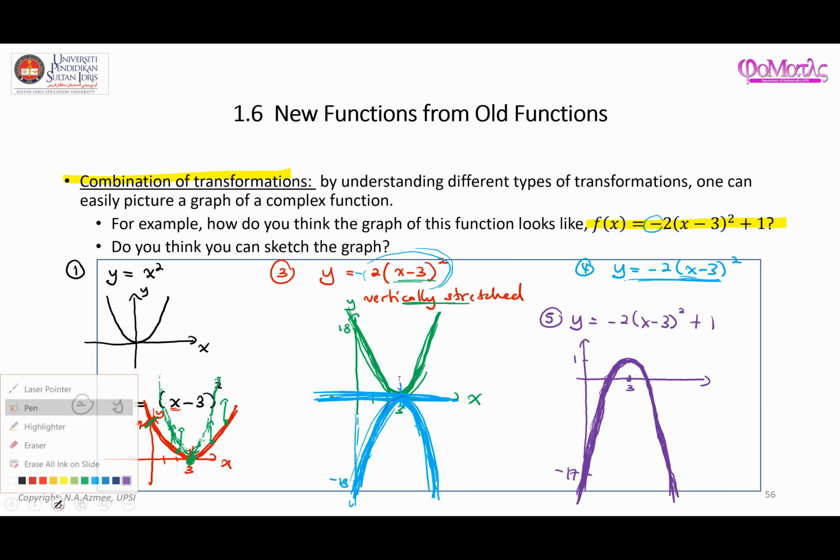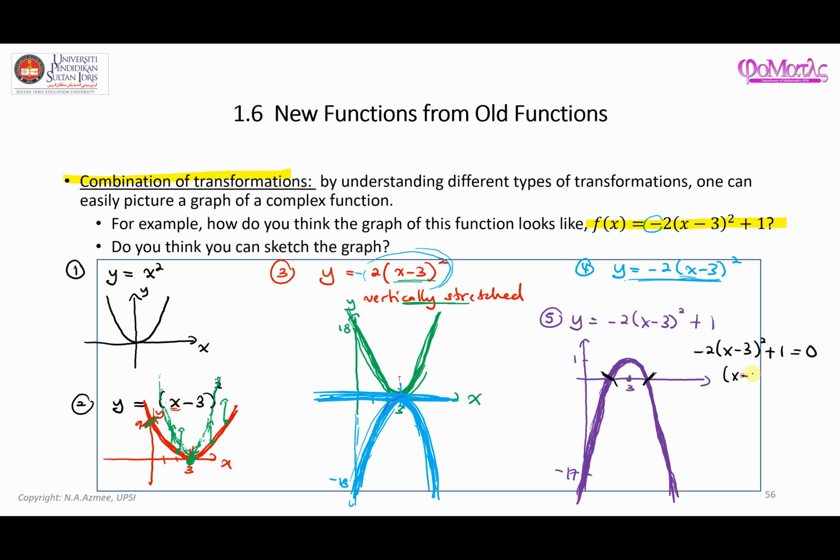And maybe what you can do is, like I said earlier, determine the important points, such as these. These are the intercepts on the x-axis. So what are those? Well, you can find those values if you substitute y equals 0. So you will get negative 2(x minus 3) squared plus 1 equals 0.